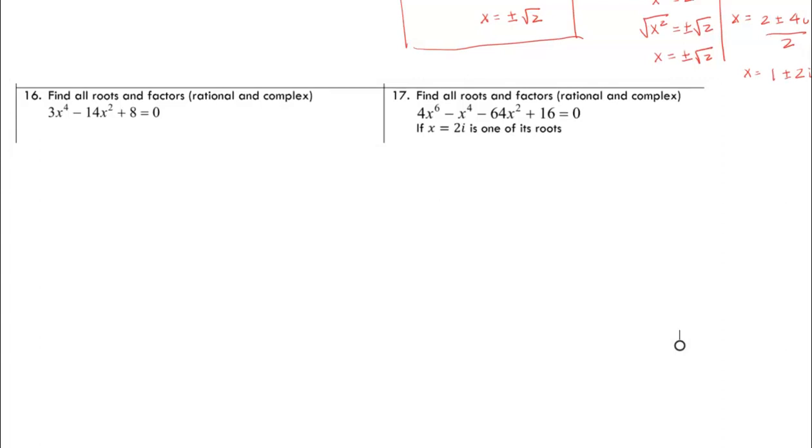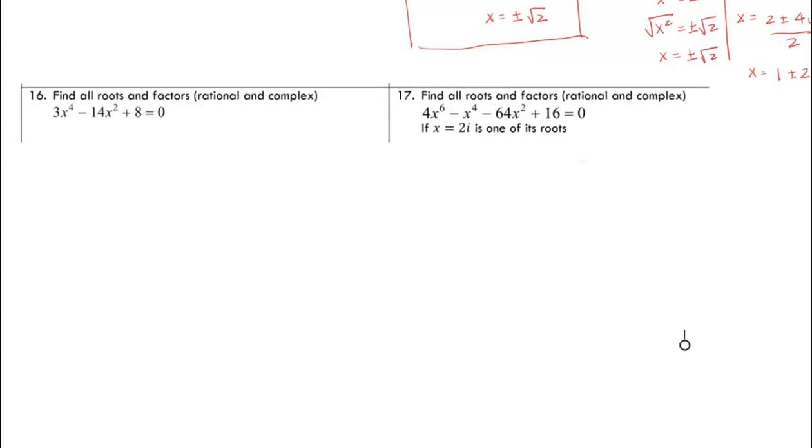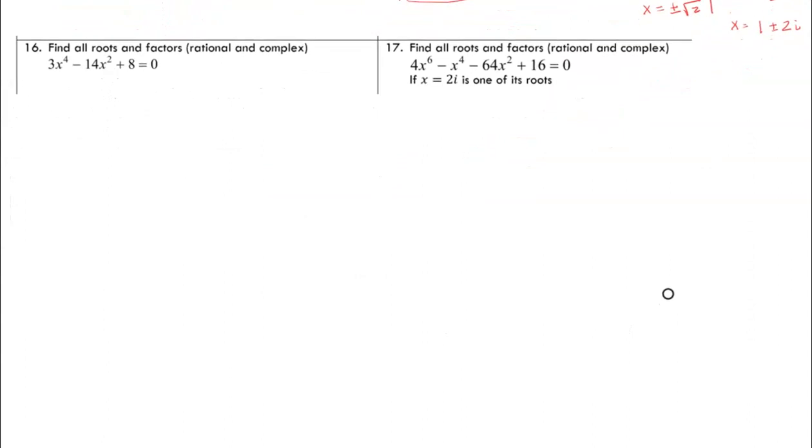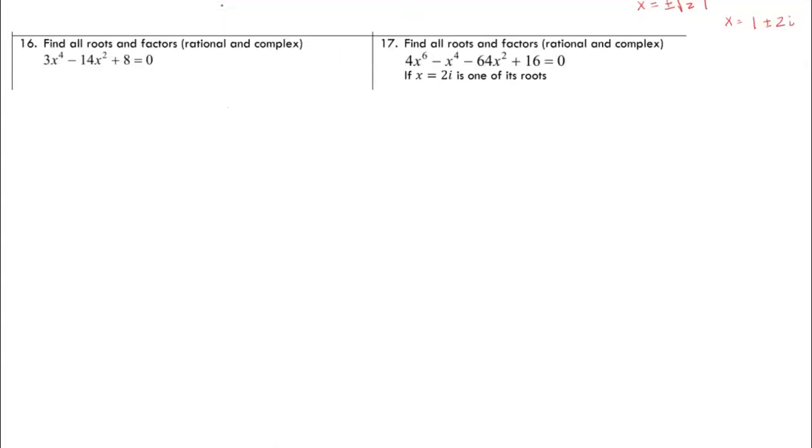Okay, so number 16, find all roots and factors. Okay, wait a second. Oh, number 14 and 15 just said roots. Now I'm going to use possible roots, P over Q. So P, enough of the red.